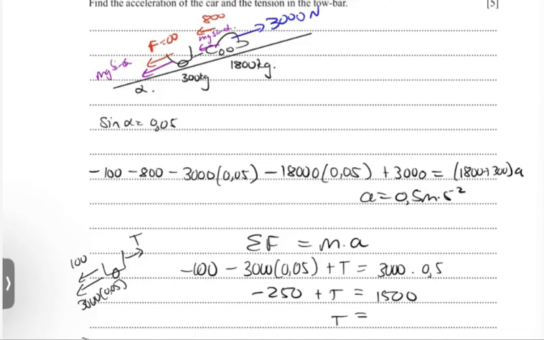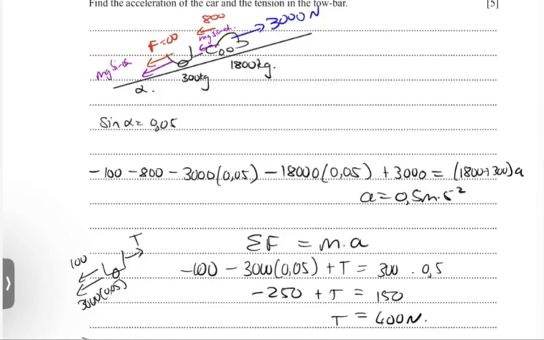That's what I've done incorrectly. It must be 300 times 0.05. Okay, cool. And this is 150 plus 250, and that gives me a tension of 400 Newton. Okay, cool. Something just looked a bit out of proportion there, so that looks much better.